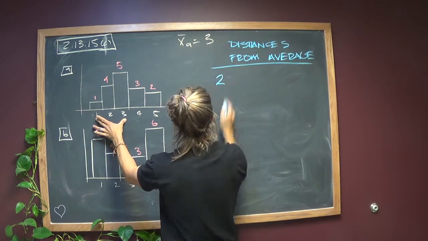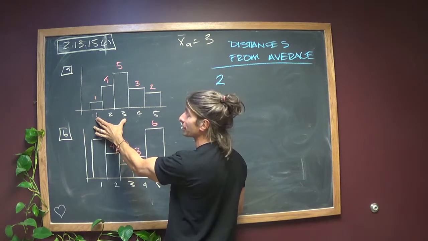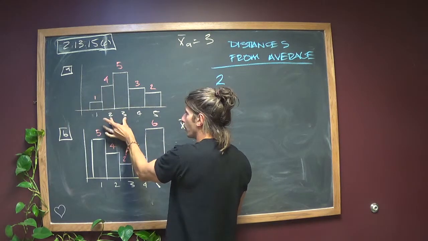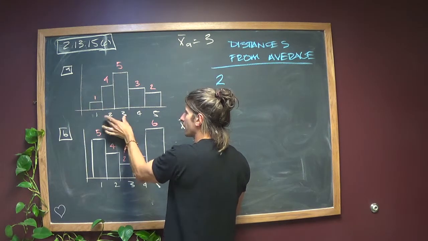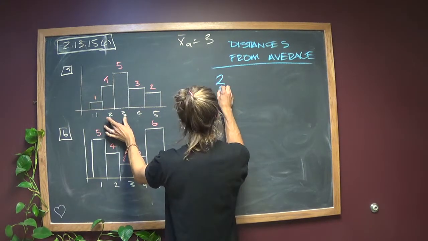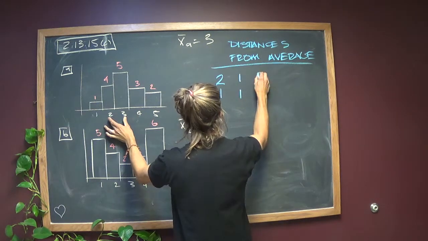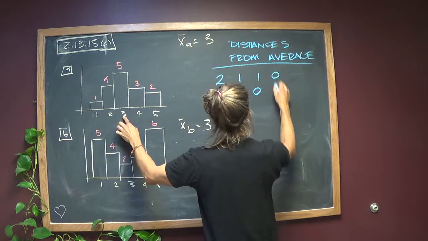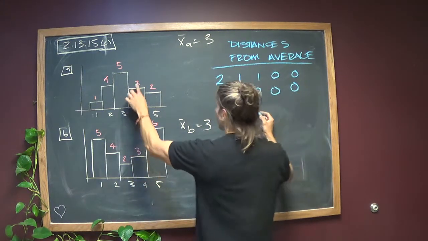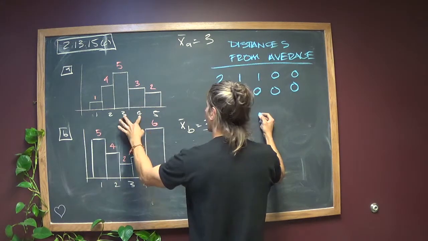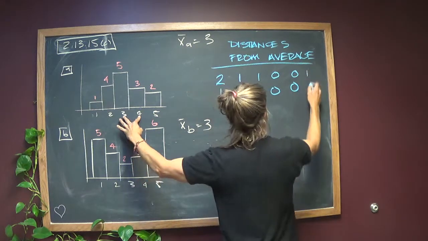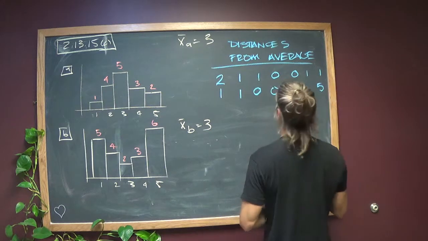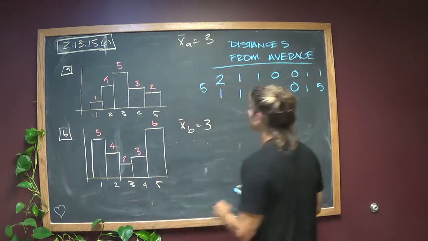So one of the distances we have to average in our standard deviation calculation is 2. There are 4 data points that are each 1 unit away from average. There are 5 that are right at average. There are 3 that are 1 unit away from average. And there are 2 that are 2 units away. And I'm out of space, so I'll put it over here. Ooh, excuse me.